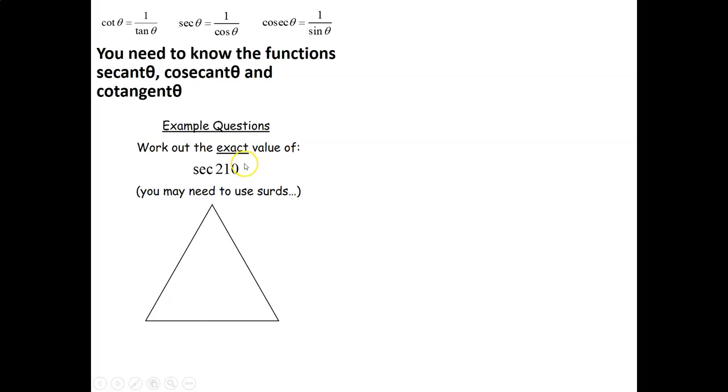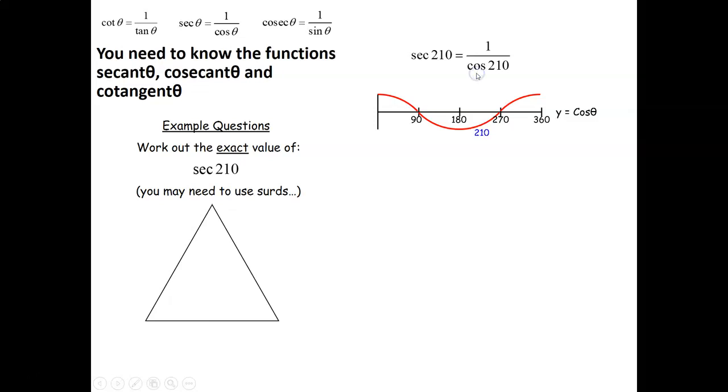Okay, we need to be able to work out exact values of the reciprocal functions as well. Now, 210. So sec 210 equals 1 over cos of 210. We need to think about what cos 210 is. So it lies here, or if I've got my unit circle here, and I've moved, if this is 180, I've moved 30 round from 180.